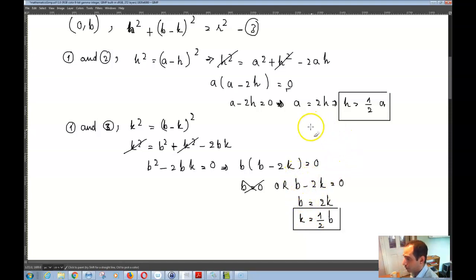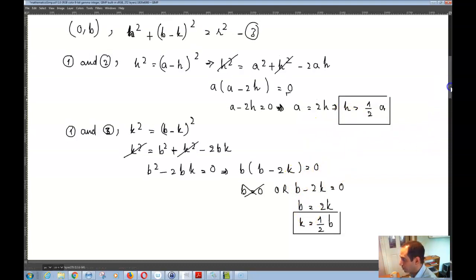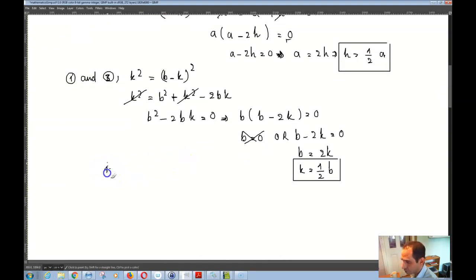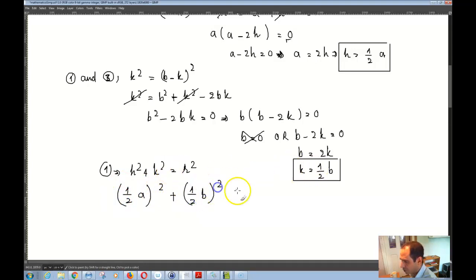And so the value of r, there is only one thing that remains here. The value of r, you can write it as basically this way, using this equation. So you have h squared plus k squared is equal to r squared. Number 1, h squared plus k squared is equal to r squared. So h squared is equal to 1/2 a whole squared. K squared is equal to 1/2 b whole squared is equal to r squared.